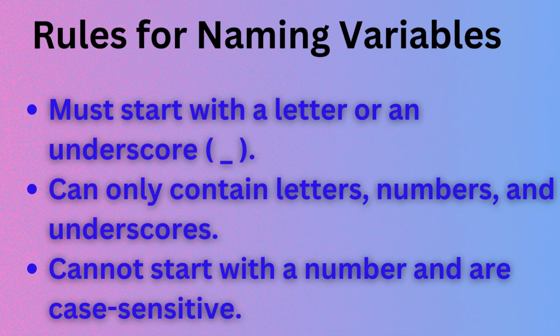When naming variables in Python, there are a few rules to follow. Must start with a letter or an underscore. Can only contain letters, numbers, and underscores. Cannot start with a number, and are case sensitive.